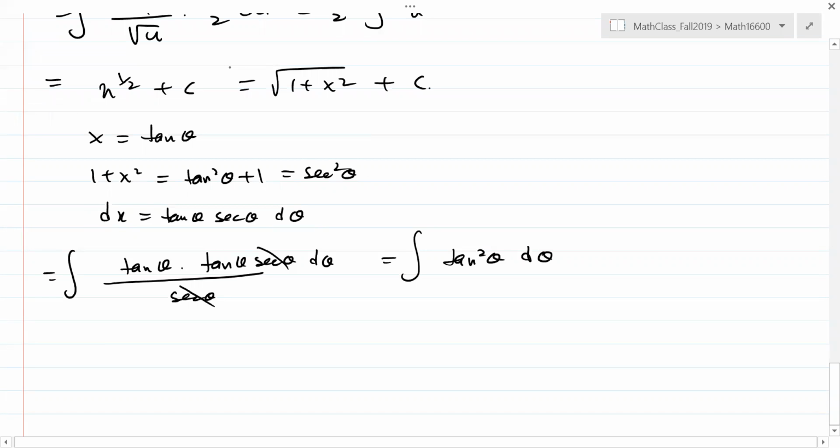Wait a minute. Maybe I made a mistake. The derivative of tangent theta is secant square theta. That's right.